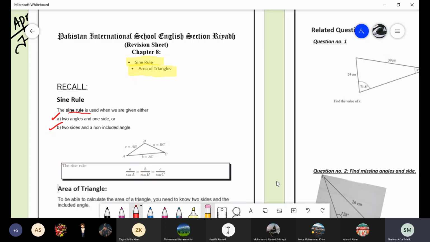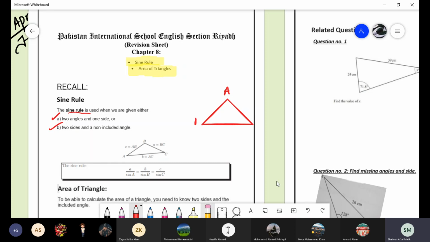The very first point for the sine rule is that you have to confirm your triangle. If your triangle is a right angle triangle, then you will not apply the sine rule. Then you can go for the Pythagoras theorem and the trigonometric ratios. But if the triangle is not a right angle triangle, it is any other triangle, then you will apply the sine rule. In which condition?